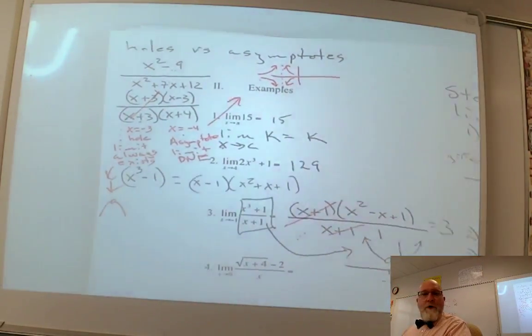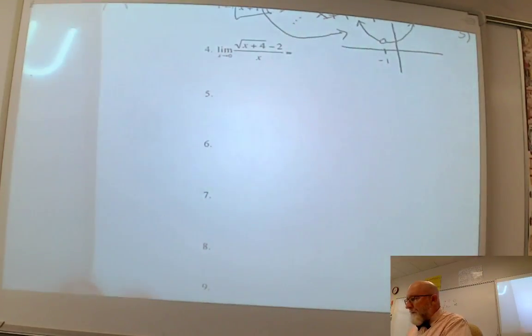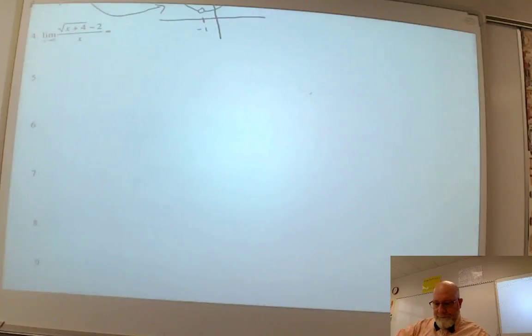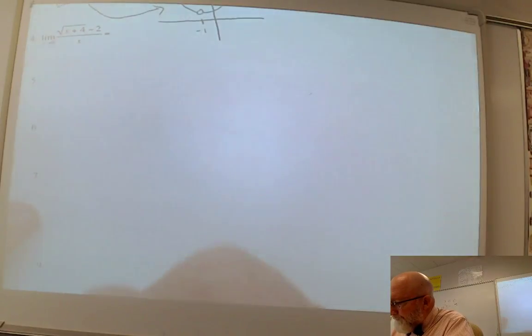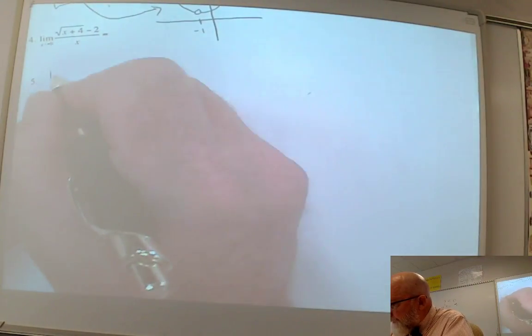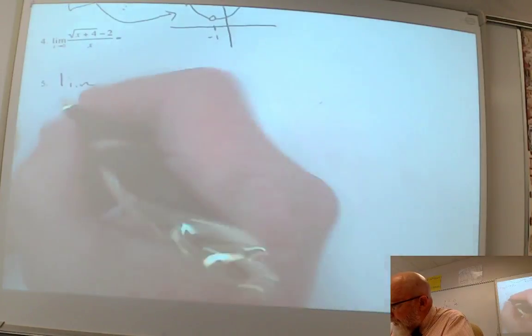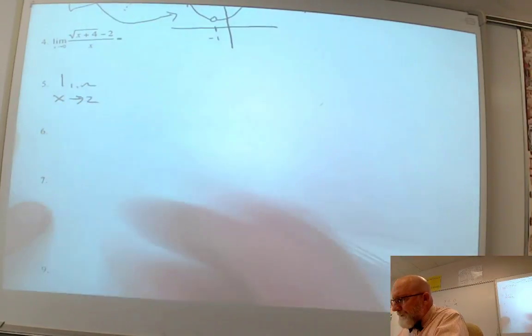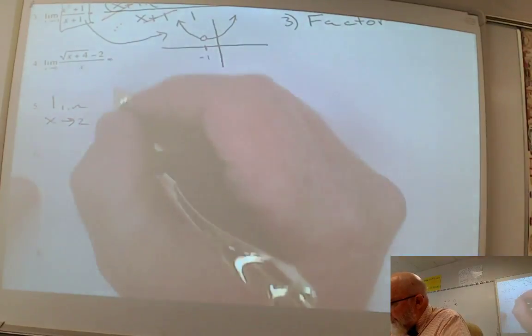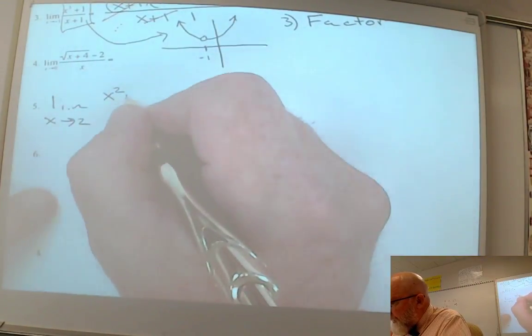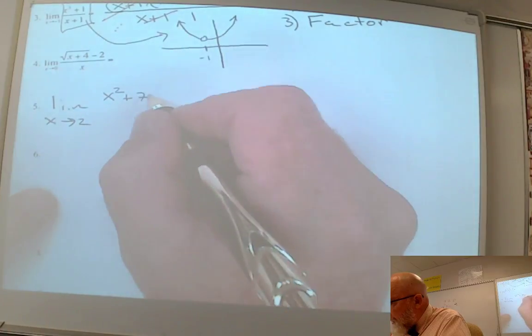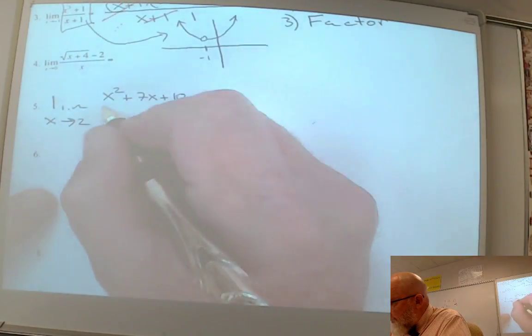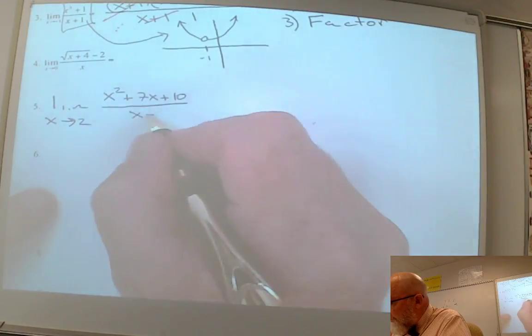I'm going to skip number 4 and go to number 5. Okay? And then I'm going to come back to number 4. So my number 4 looks like, we'll do this. The limit as x approaches 2 of x squared plus 7x plus 10 over x minus 2.